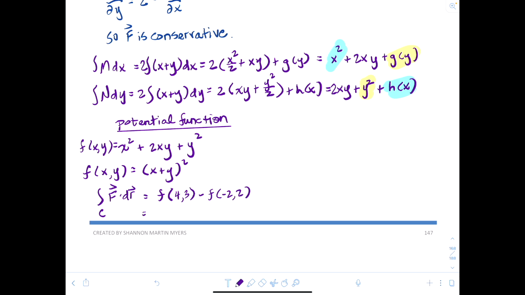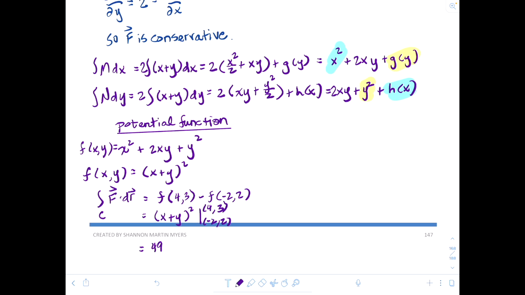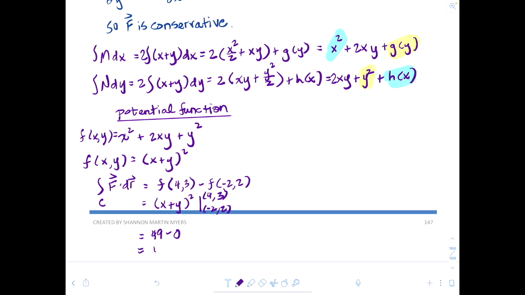Which is x plus y, the quantity squared, evaluated from negative 2, 2 to 4, 3, which gives us 7 squared, which is 49, minus negative 2 plus 2 is 0, 49 minus 0, so we would get 49. Pretty groovy, huh?